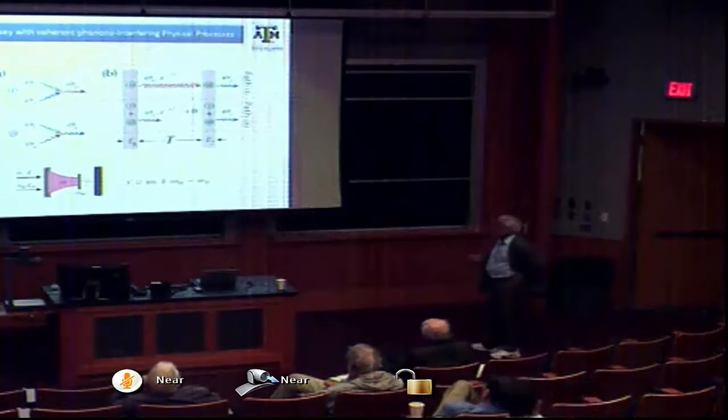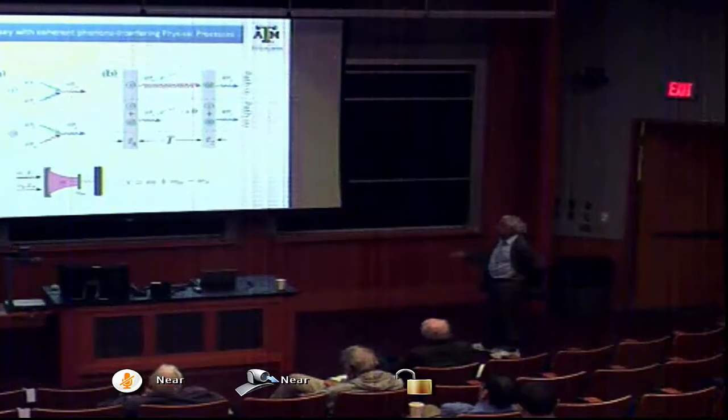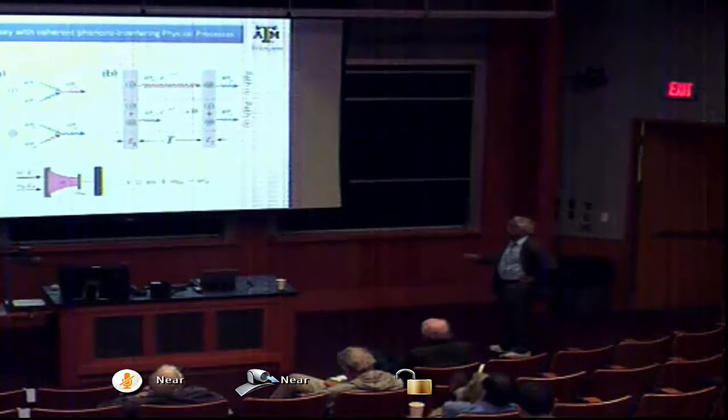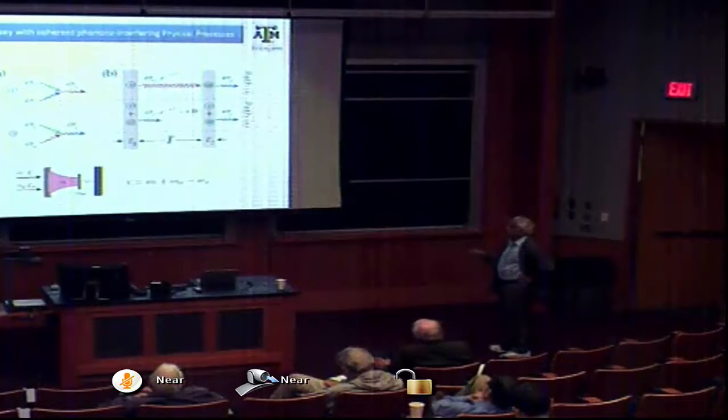So we can do optomechanical interaction following the Ramsey method in two different zones. Optomechanical interaction in this zone, and then optomechanical interaction in this zone. And what we do is the following: in this zone, coherent phonons are generated, as well as the probe photon, and we choose this time t in such a way that kappa times t is much larger than 1, whereas gamma times t is smaller than 1.